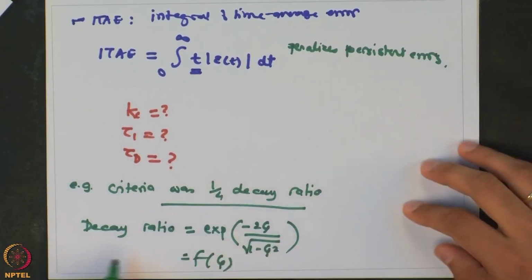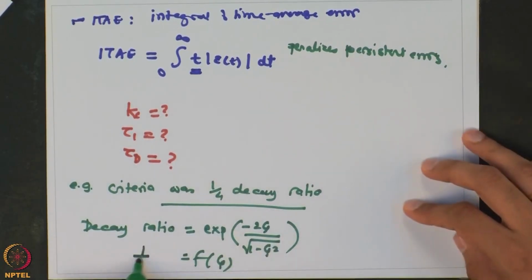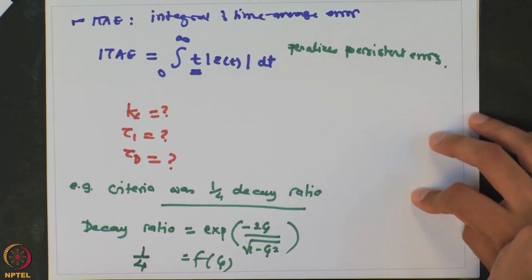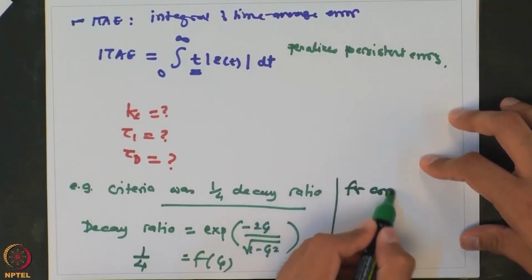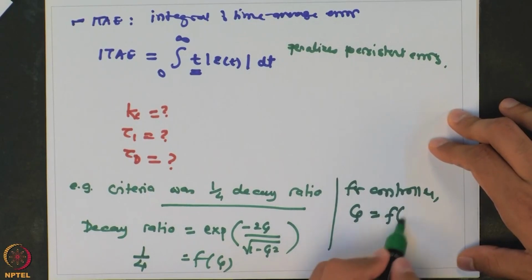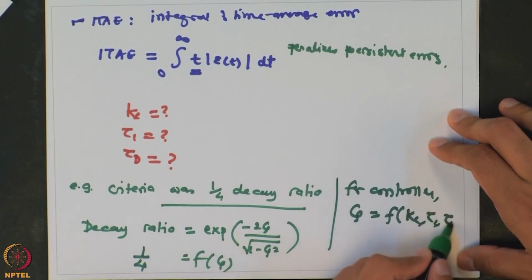So what you would end up doing is you would specify the value of damping coefficient into your closed loop transfer function equation, which will give you what is the required value of the damping coefficient, and for a controller this damping coefficient will be a function of Kc, tau I and tau d.